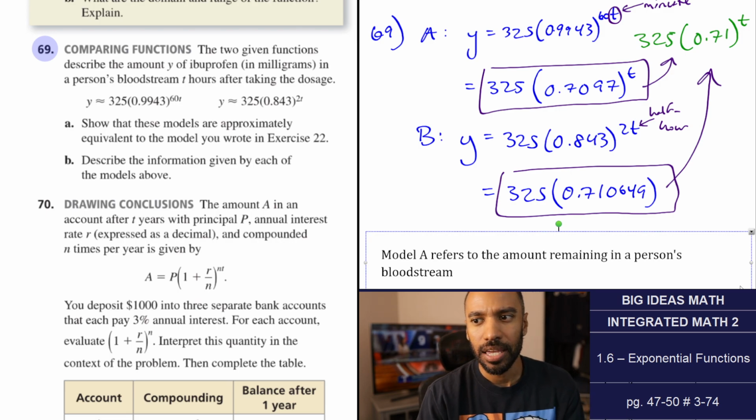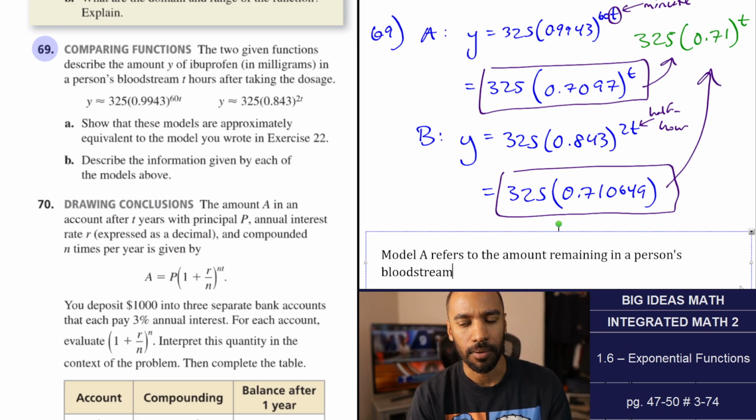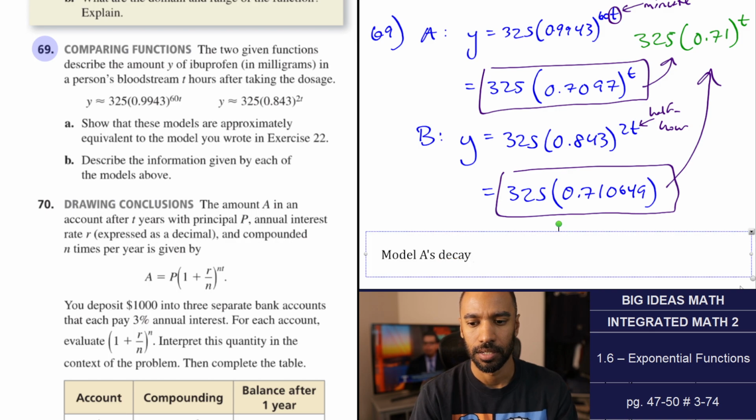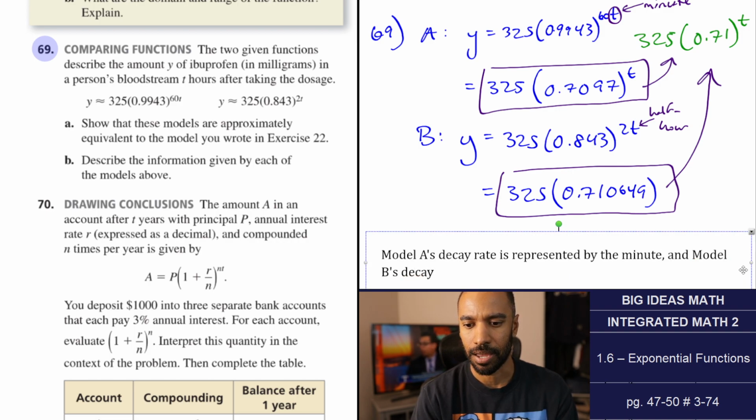Well, these are all in hours, but the t is the minute, so I want to say this differently. Model A's decay rate is represented by the minute, and Model B's decay rate is represented by the half hour.